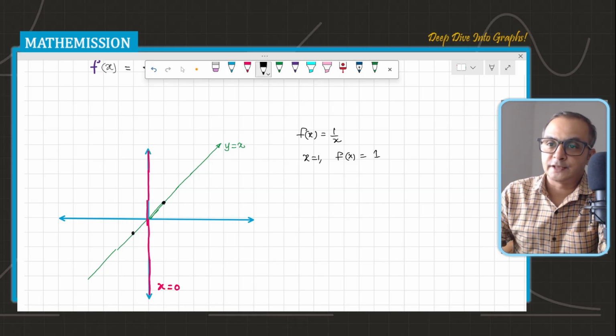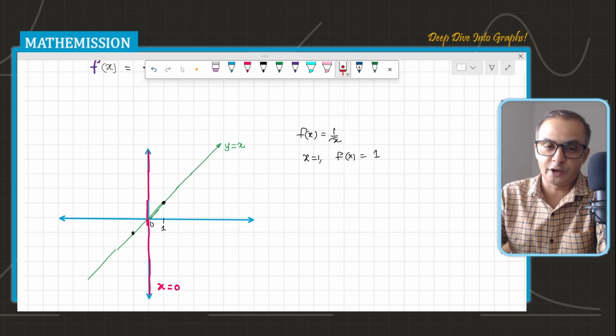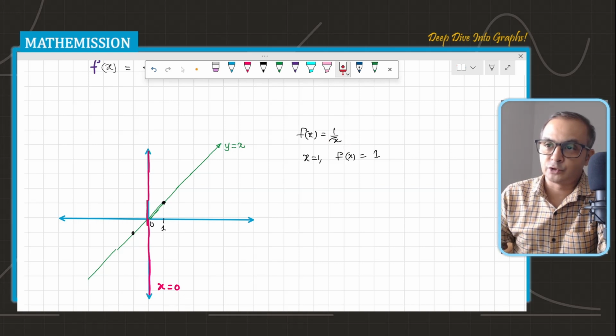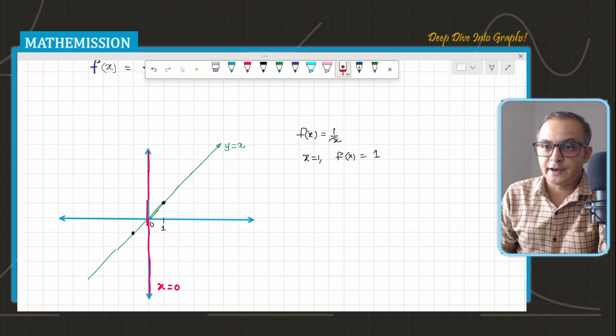Now you can see that from 0 to 1, whatever value you substitute in this place, the function f(x) will give you a value higher than 1. How can we know that? If I substitute, let's say, 0.5 or 1/2, the value of the function will be 2. So for any number between 0 and 1, the value of the function is higher than 1.